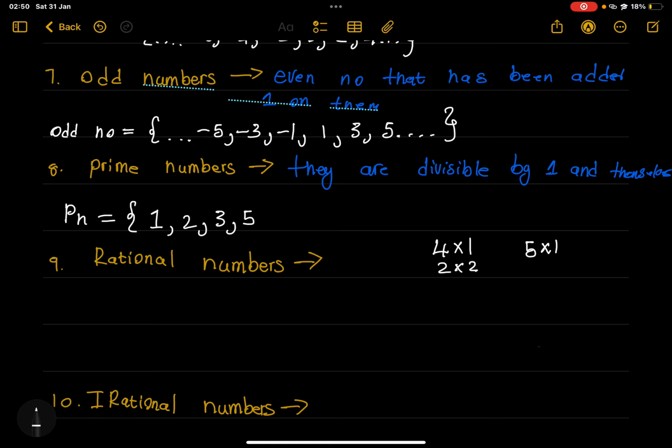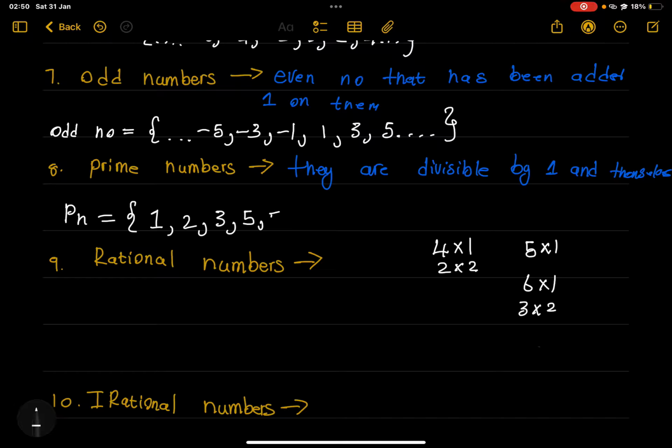So we put 5 because there is no way you can write 5 except multiplying 5 by 1. Understand? Then we cannot say 6 because 6 is the same as 6 times 1 and also 3 times 2. So 6 is not a prime number because it has a factor of 1 and a factor of 2, not 1 only. A prime number has a factor of 1 only.